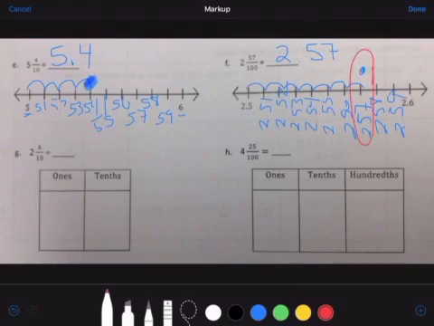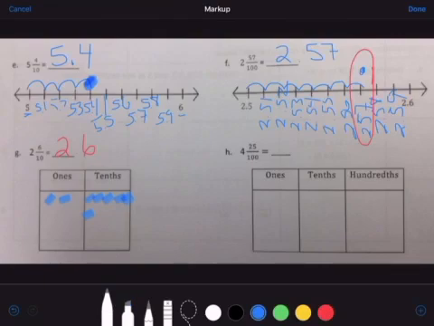On G, our decimal would be 2 point, and then the first column is tenths, so 2.6. And we would get 1, 2 in our ones column, and then 1, 2, 3, 4, 5, 6 in our tenths column.